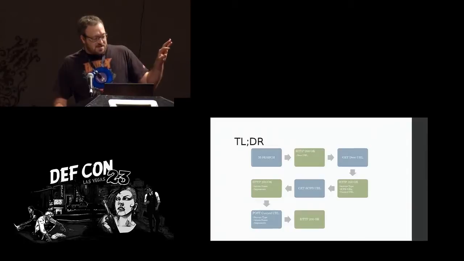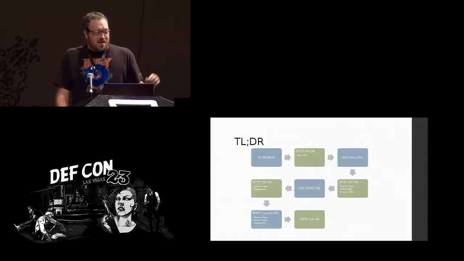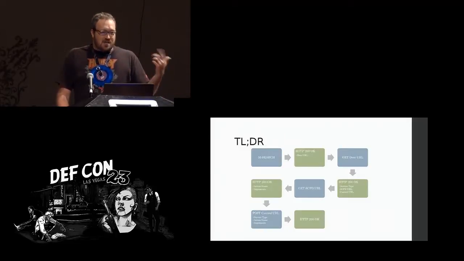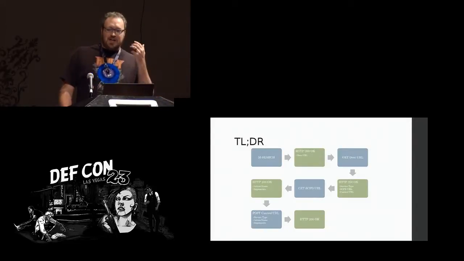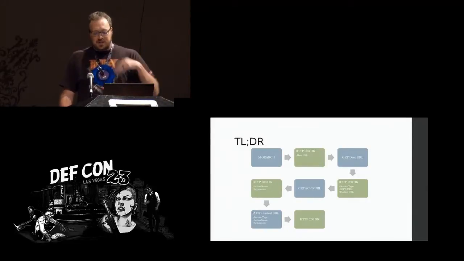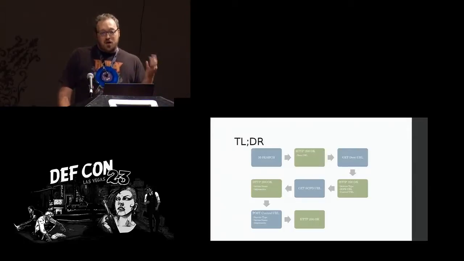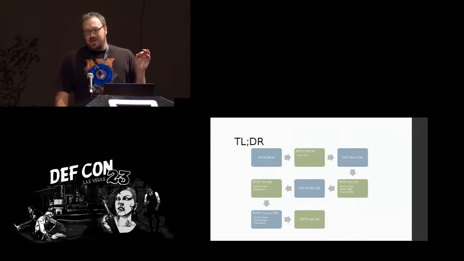Send a GET request to the SCPD URL, and then you get back another XML that has the action name and the arguments. Put all that together in a POST request to the control URL, and hopefully you get back an HTTP 200 OK, and the device executes whatever you sent to it. More often than not, you're going to get a 500 error because you did something wrong.